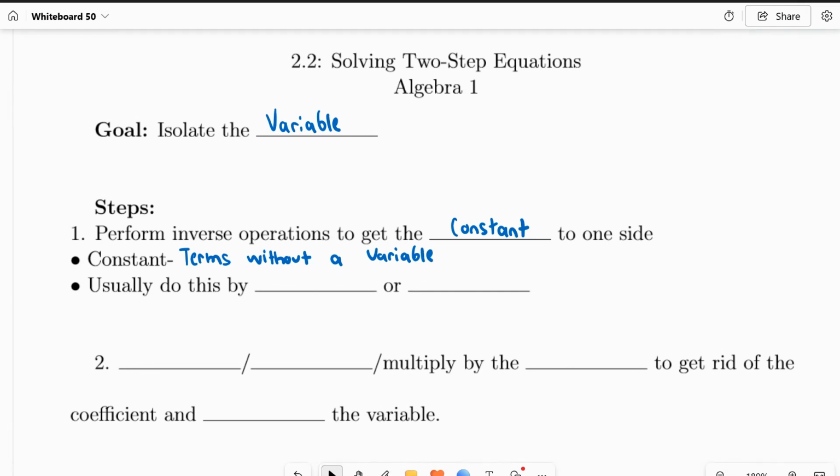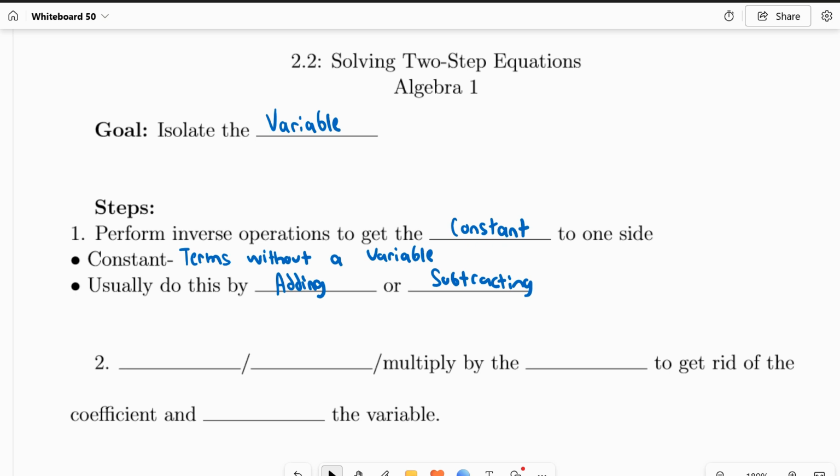Okay, usually you are going to do this by adding or subtracting. But keep in mind, there will also be cases where you'll do this by multiplying or dividing.